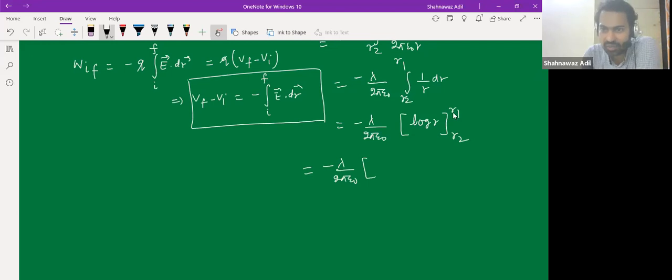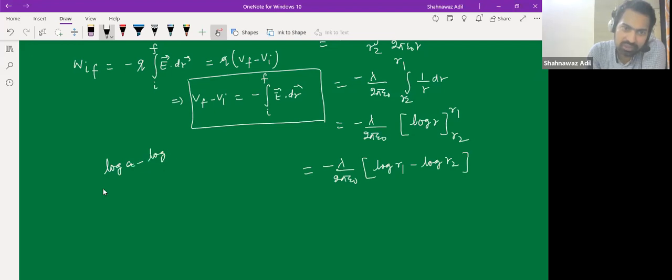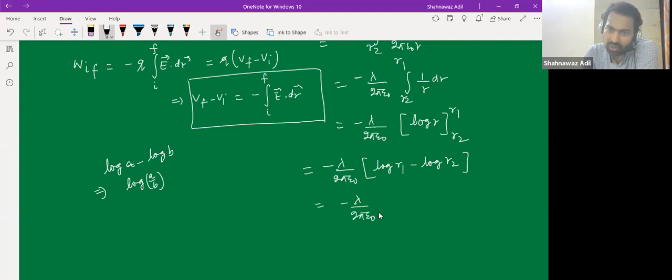First we put what value? The upper limit, so log r2, and then subtracted by the lower limit, log of r1. Do you guys remember the property of log? Log a minus log b is log a by b. Absolutely right. So this is minus lambda by 2 pi epsilon naught, and this is log of r2 by r1.